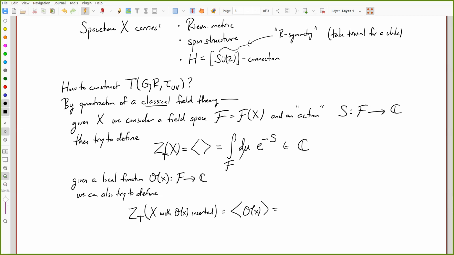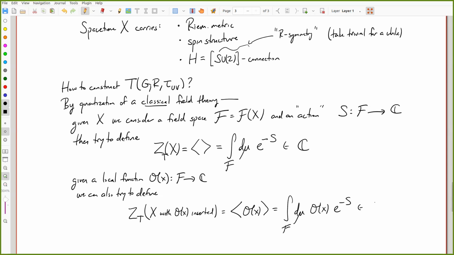This angle bracket O of x is the integral over the field space where now, instead of taking just the overall partition function, I take an expectation value of this function O of x, again integrating over the whole field space.